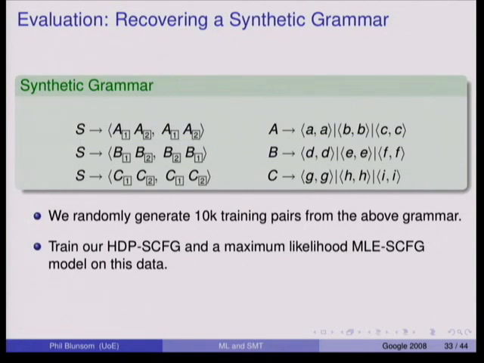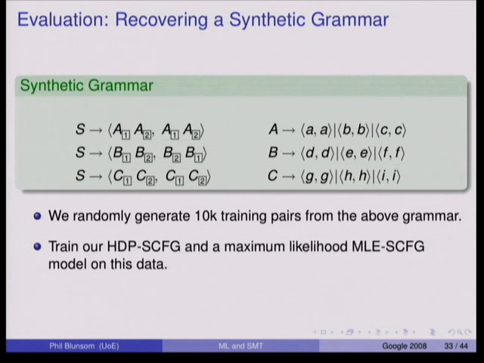So we have a very simple grammar. We have a single binary production S which produces A's and B's. We have a reordering rule there with the B's, so we have 2 monotone S rules and 1 reordering. And then for the A, B, and C, they each can emit a source and target symbol from those sets.